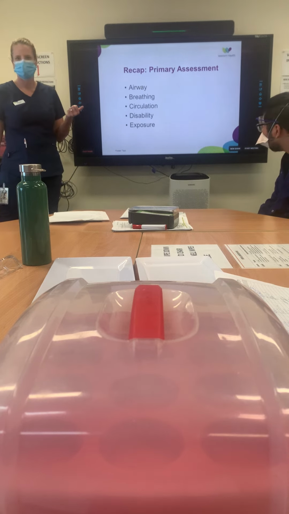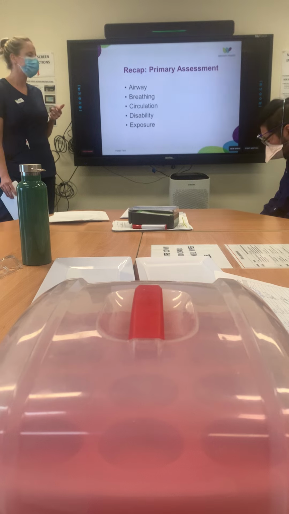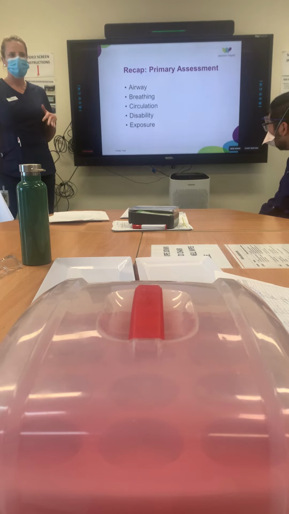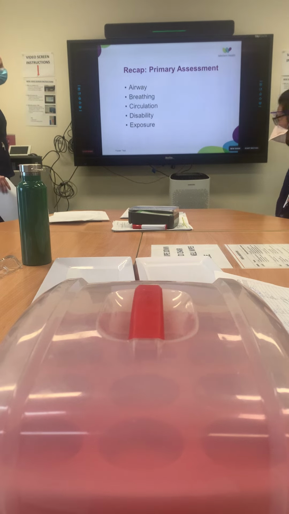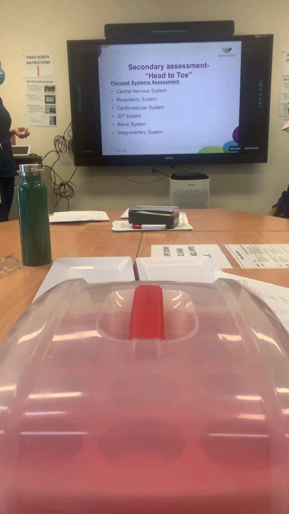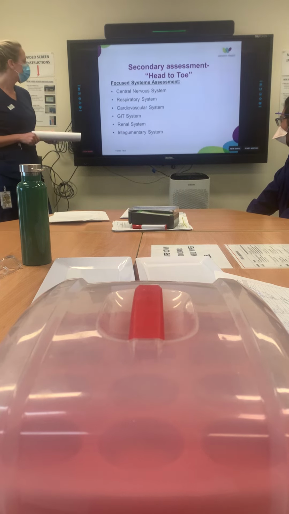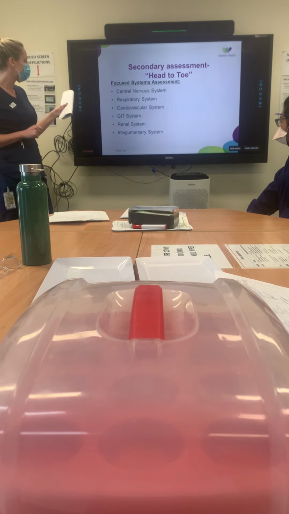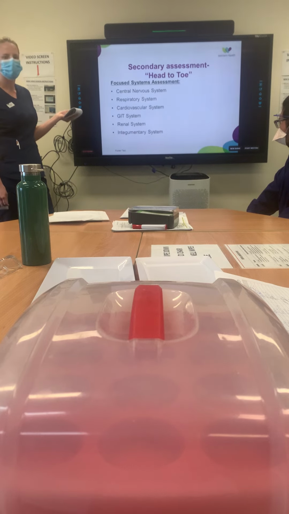Just to recap, what we should all know, our A to E: airway, breathing, circulation, disability and exposure. That's our initial primary survey, and then we move on to our secondary assessments. That's our head to toe focused systems assessment, and that's broken up into 6 systems: your central nervous system, respiratory, cardiovascular, GIT, renal and skin.